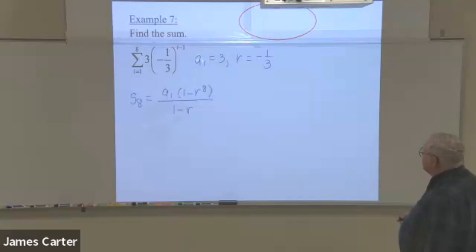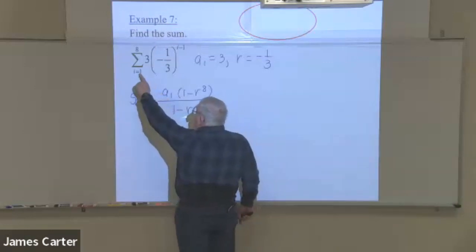We know that the first term in this, if we choose 1 to get the first term, 1 minus 1 is 0, which makes all of this 1, anything to the 0 power is 1, so the first term has to just be 3. Did everyone follow me on that? How I got that first term? There you go.